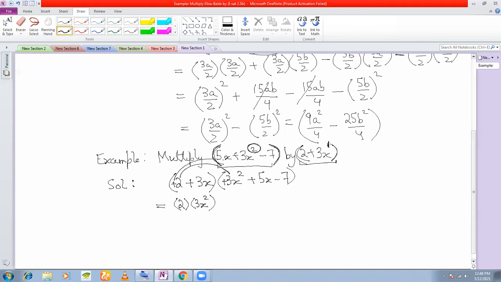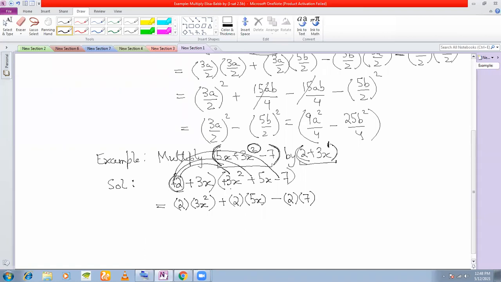Again, this plus sign will combine with this plus sign to give you a plus sign, 2 multiplied with 5x. Again, this plus sign will combine with this minus sign to give you a minus sign, 2 into 7, right?